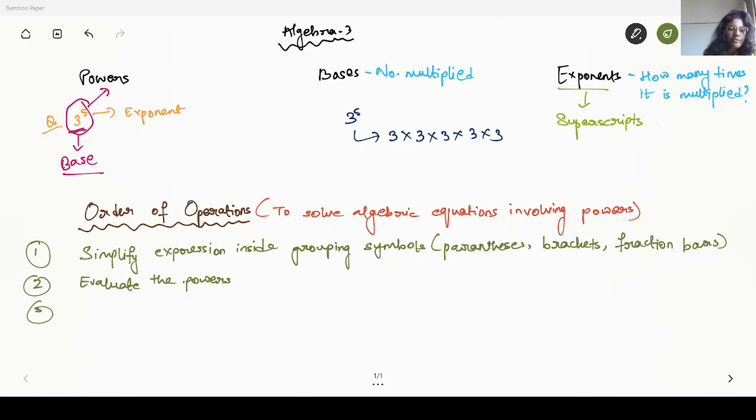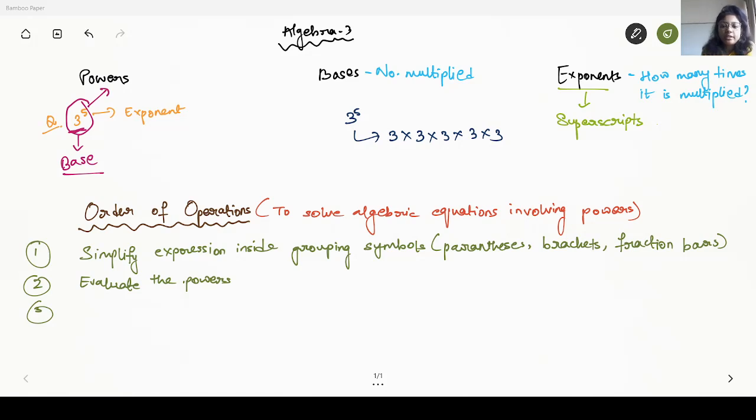Suppose you have an algebraic equation with multiple terms. Which algebraic operations you are allowed to carry out within those terms, I have discussed in that video. Now, in step 3 onwards, we will carry out all the algebraic operations.